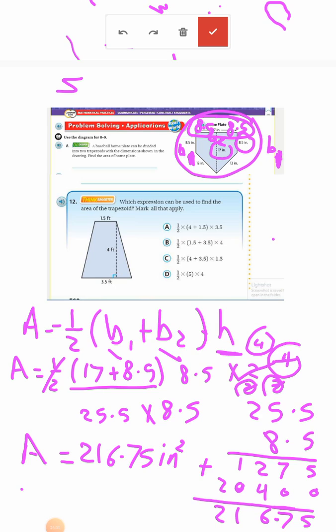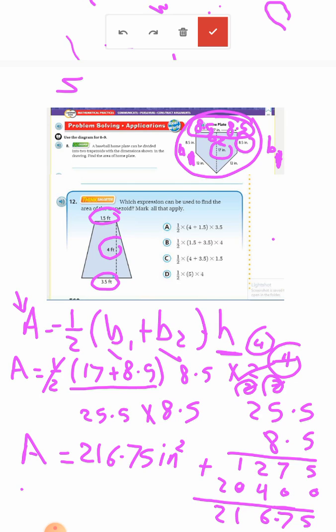Last, we are going to move to Think Smarter. Which expression can be used to find the area of the trapezoid? Mark all that apply. As you see the information, we have B1, B2, and this is the height, following the formula A equals half B1 plus B2 multiply height.